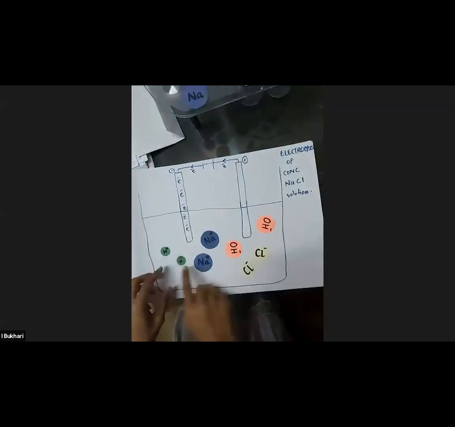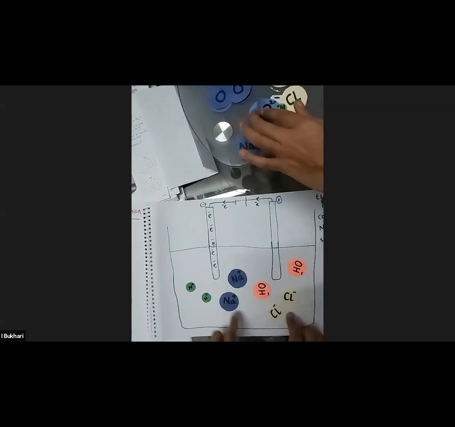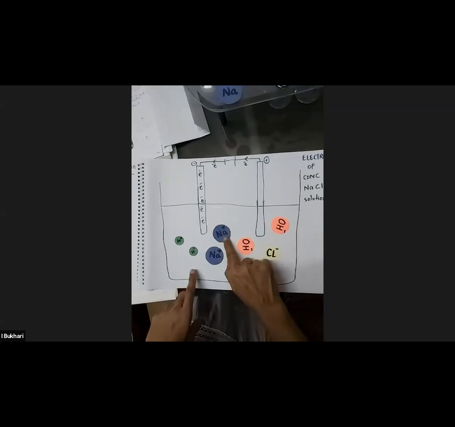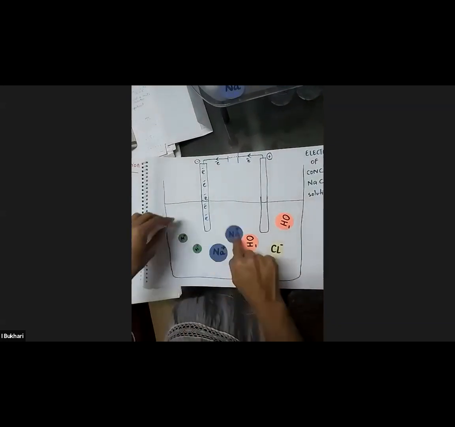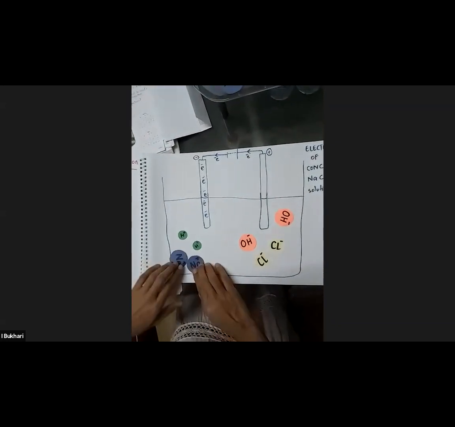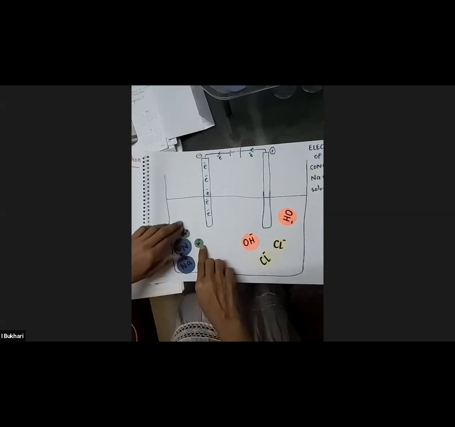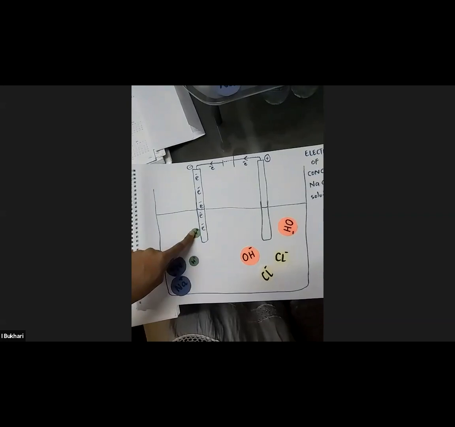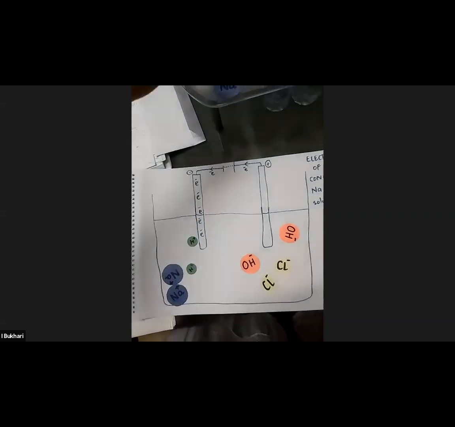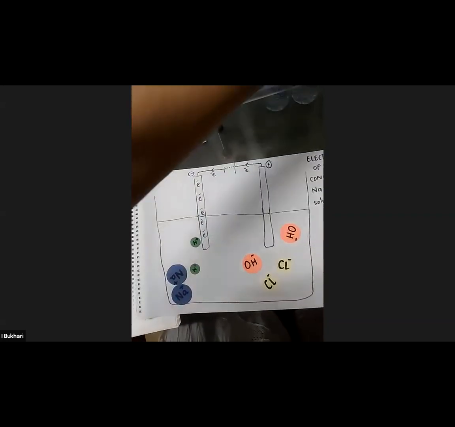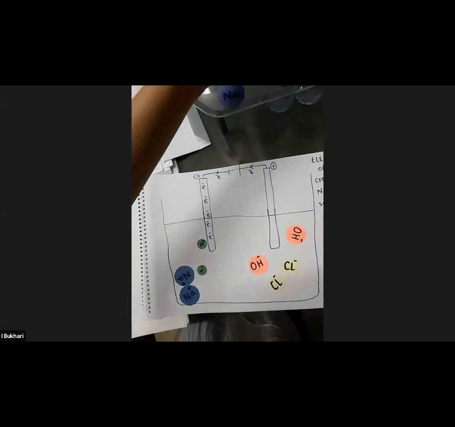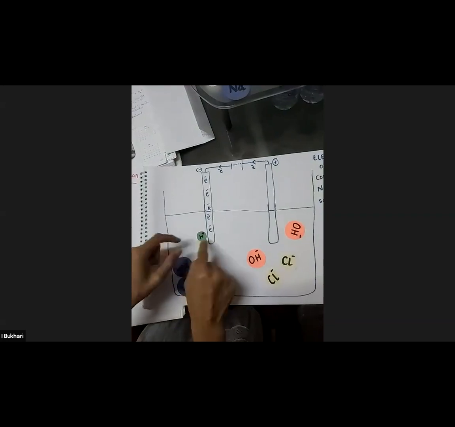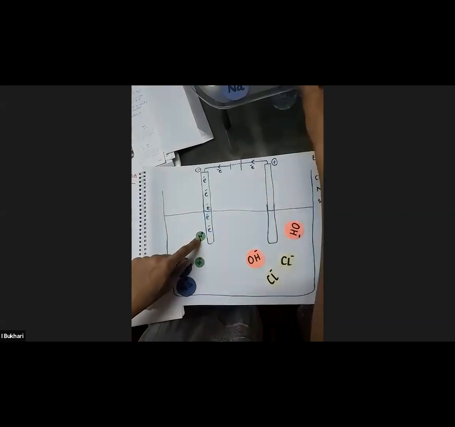So hydroxide and hydrogen ions from water, sodium and chloride from sodium chloride. Right. Now, sodium will not accept, because it's the boss, right? It will push the hydrogen ion forward: you go, you get unstable by accepting the electron. I'm not going to do that. Okay, so it's the boss. So the hydrogen ion has to accept this electron.